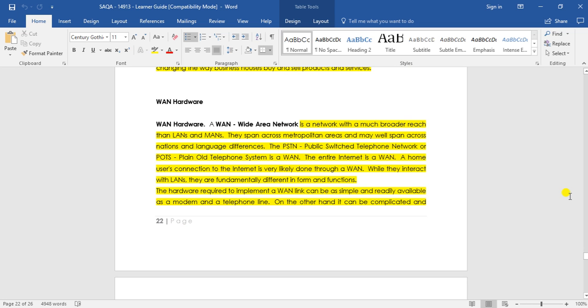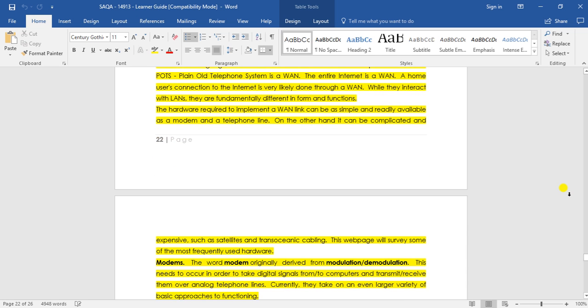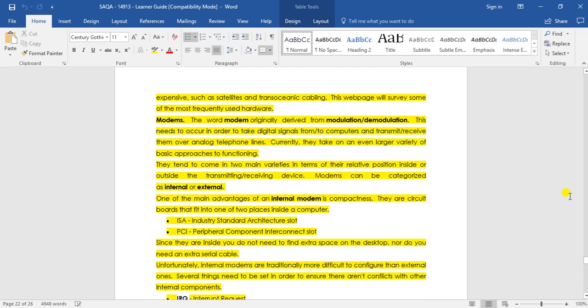The hardware required to implement a WAN link can be as simple and readily available as a modem and a telephone line. On the other hand, it can be complicated and expensive, such as satellite and transoceanic cabling. This web page will survey some of the most frequently used hardware.